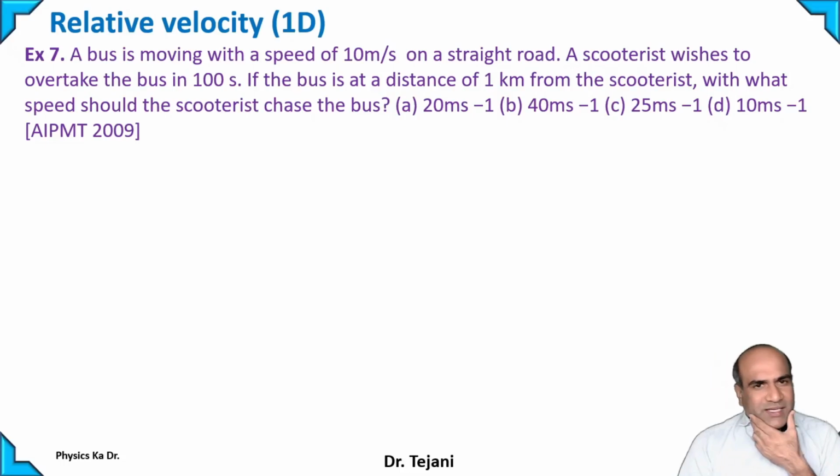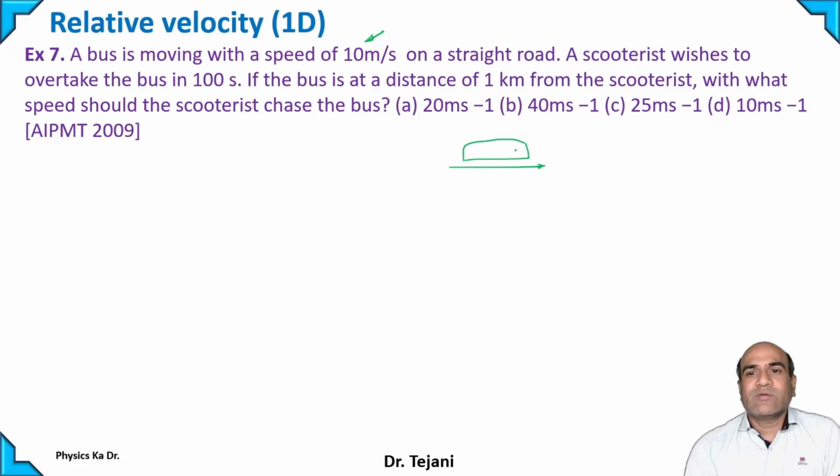So example number 7. A bus is moving with a speed of 10 meter per second on a straight road. Like for example, this is our bus, moving on a straight road at 10 meter per second. A scooterist, meaning a driver of a scooter, wishes to overtake the bus within 100 seconds.